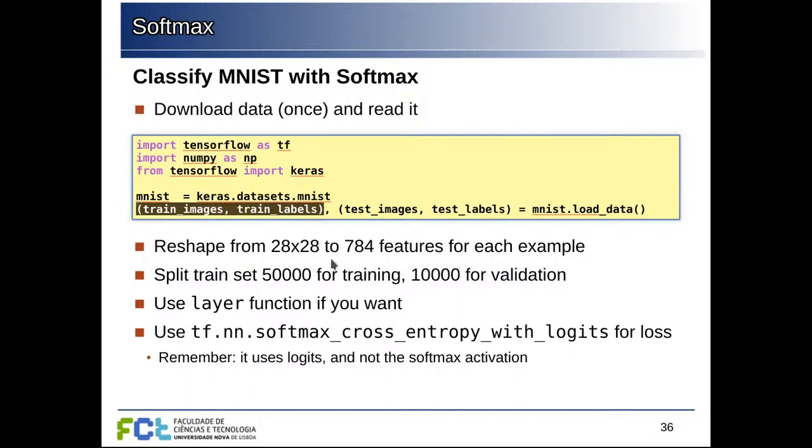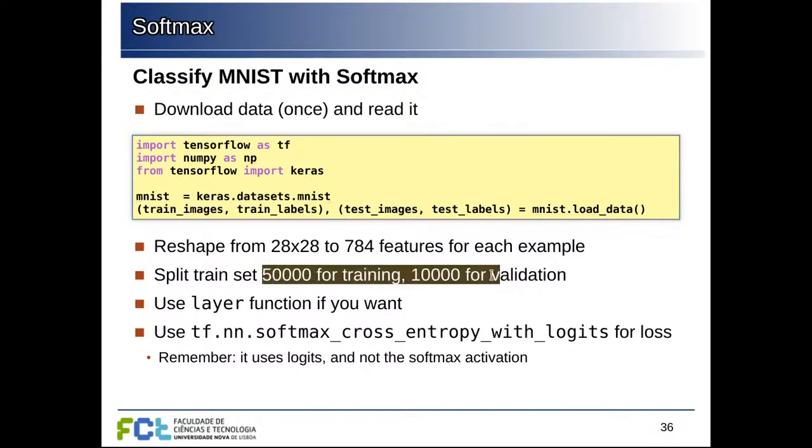So what we need to do is to reshape these images from 28 by 28 to 784 features so that we can have our data set as a single two-dimensional array where each row is one example, one image, and all the images in different rows. And this training set of 60,000 images, we're going to split 50,000 for training, 10,000 for validation.